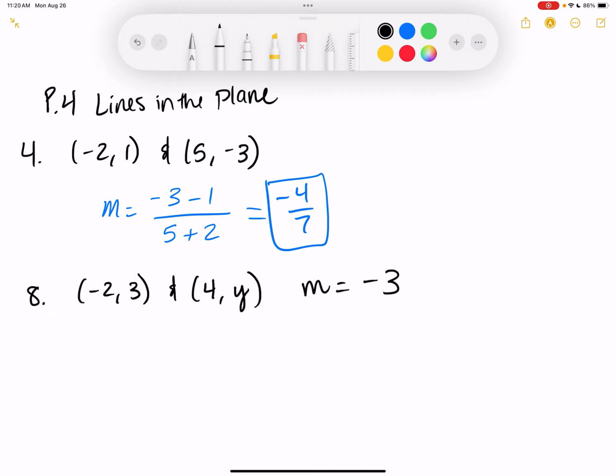Y equals -3 in parentheses 4. Or no, that's not right. -2 minus 4, and then plus 3. Any other ideas?